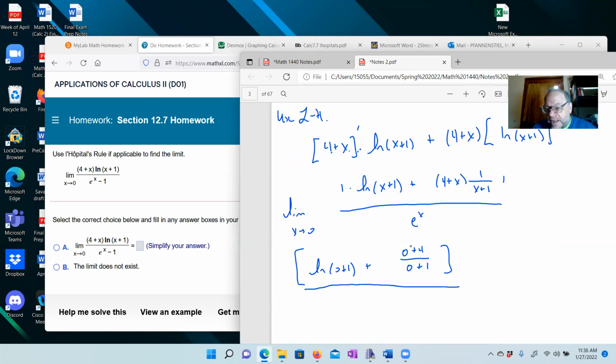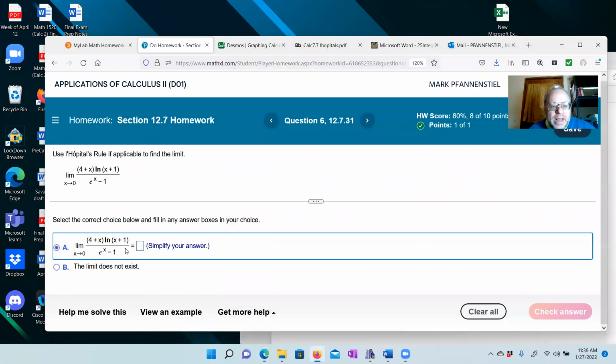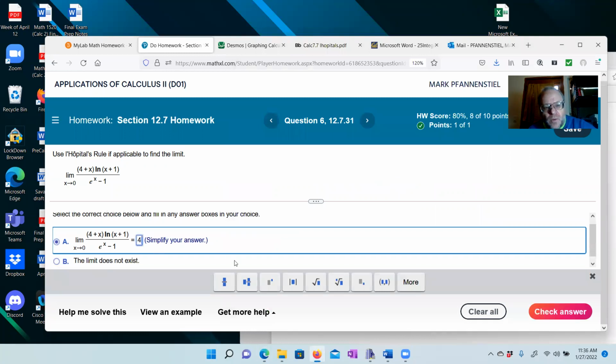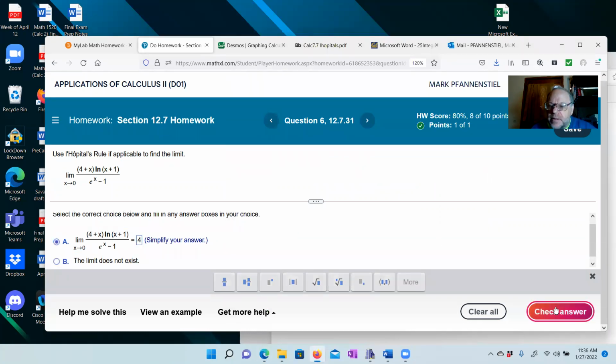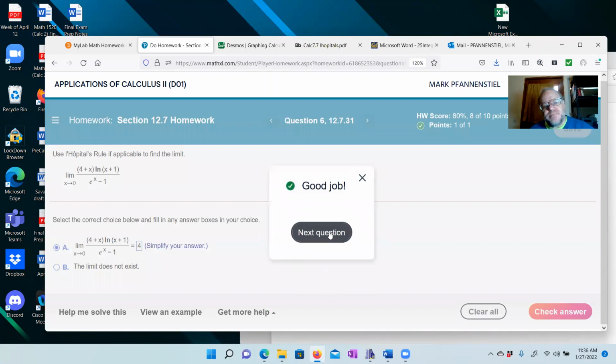And then dividing by e to the 0, which is 1. So natural log of 1, that's 0. I evaluate this, it's 4. And e to the 0 is 1. So my answer here is just 4. And that's how we're going to do this. Check, be done with it.